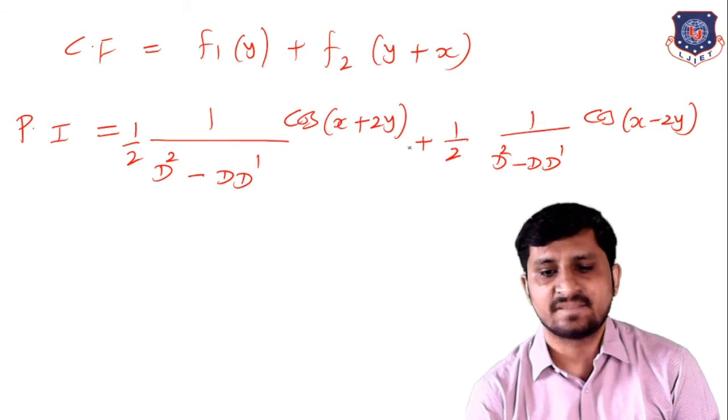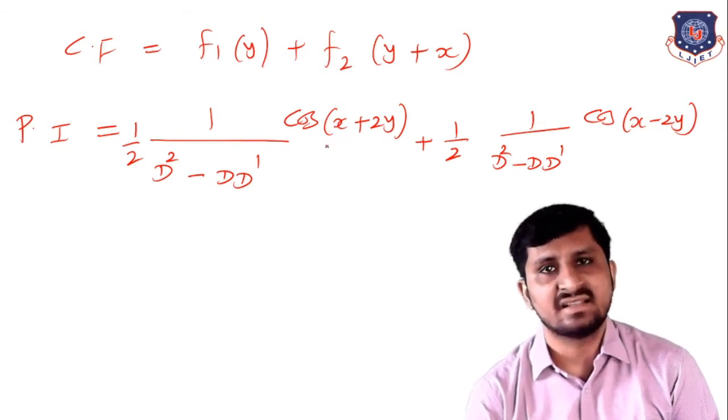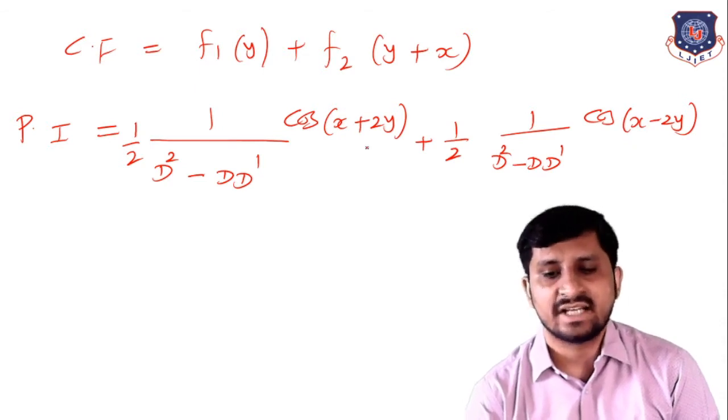Now you can understand. For x plus 2y, instead of D square we have to take minus a square, that means minus 1, and instead of D into D dash we have to take minus ab, that means minus a into b, which is minus 2.